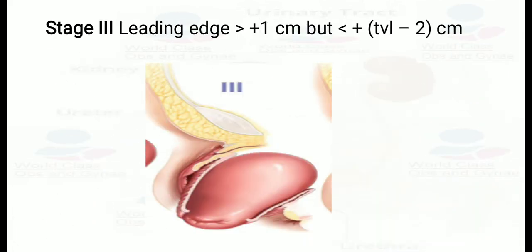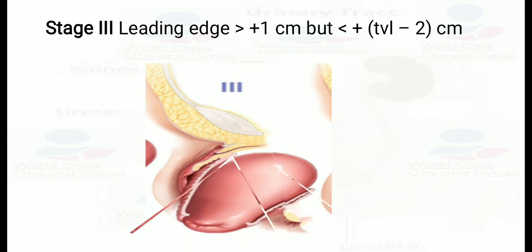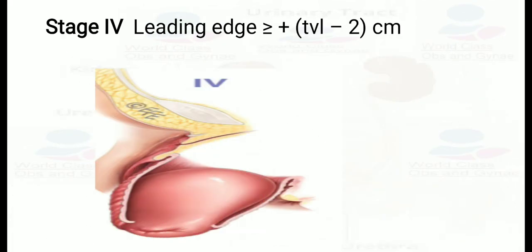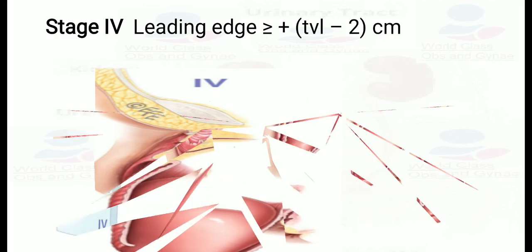Stage 3, leading edge more than plus 1 centimeter but less than plus TVL minus 2 centimeters. Stage 4, leading edge is more than plus TVL minus 2 centimeters. Plus TVL minus 2 centimeters means that the length is beyond or below the hymenal ring, so the plus sign is used.